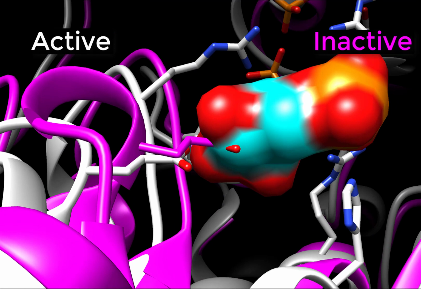It's actually that glutamic acid is now occupying the same space as the fructose 6-phosphate wants to be. So this enzyme will no longer bind to the substrate because that glutamic acid is preventing the fructose 6-phosphate from binding. Hence, we expect to see a significantly lower affinity for the substrate.